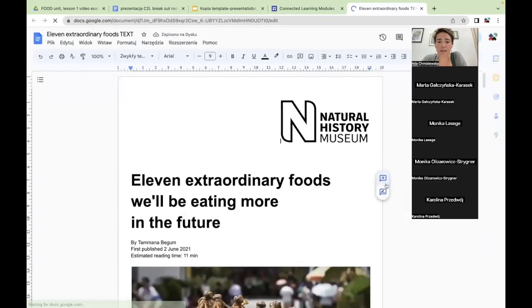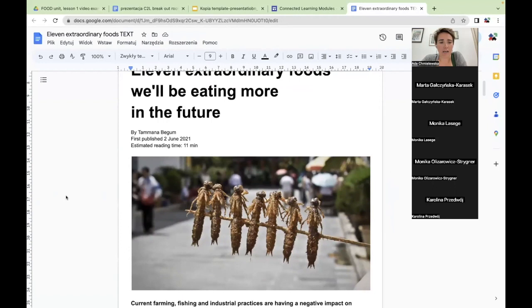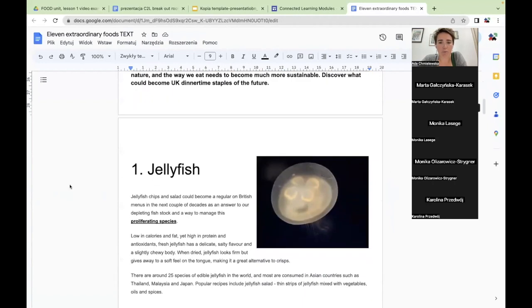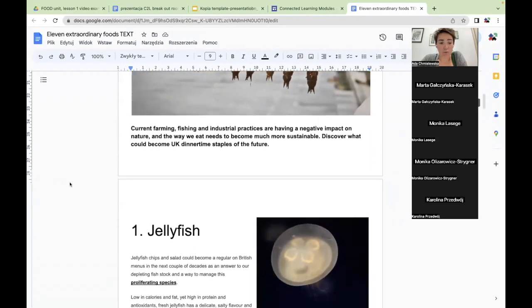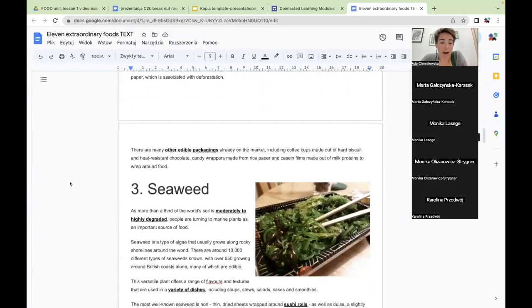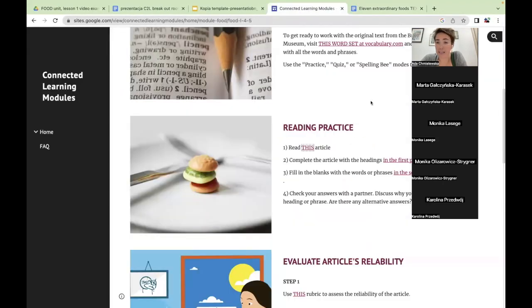We have an article from the internet, from the Natural History Museum in London, where they posted 11 extraordinary food articles. This is to read for students. It takes quite some time. It's a bit challenging, but they also have this.